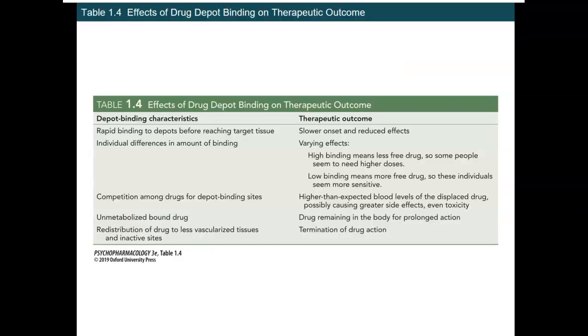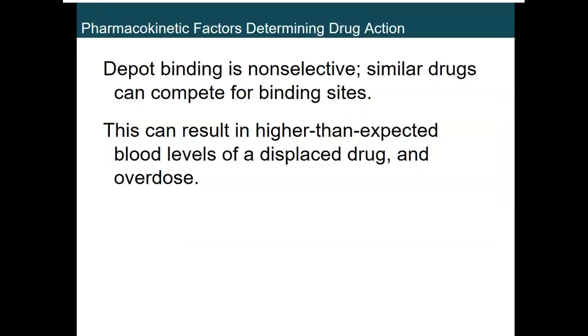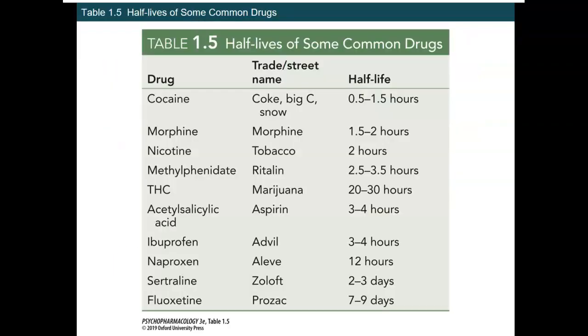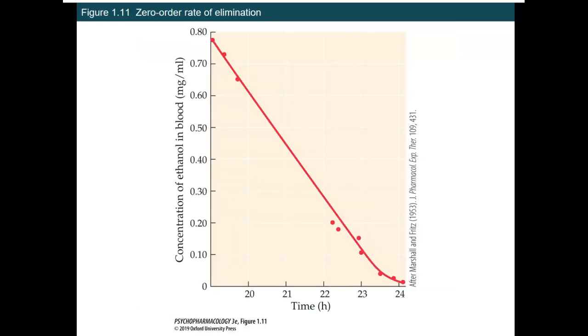I don't want to hold you up on that as I'm going through here. There's half-life. Here's half-life for some substances, not all of them, but some substances. So again, the amount of time that it takes for half the substance to be removed. Agonist and antagonist.